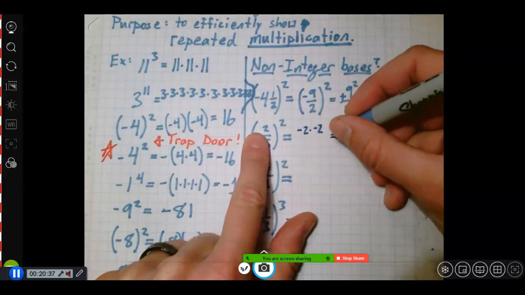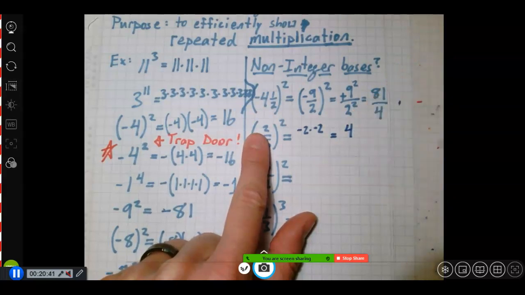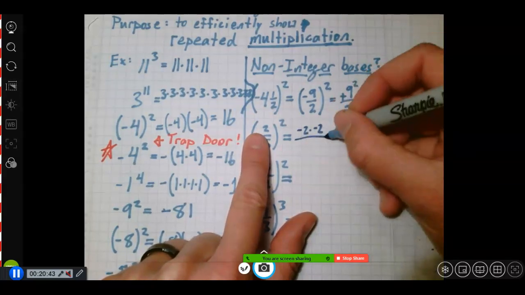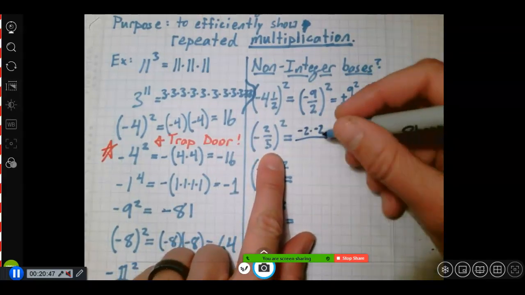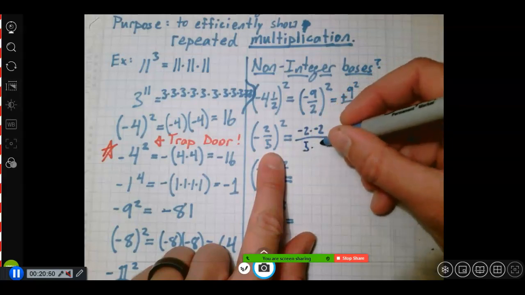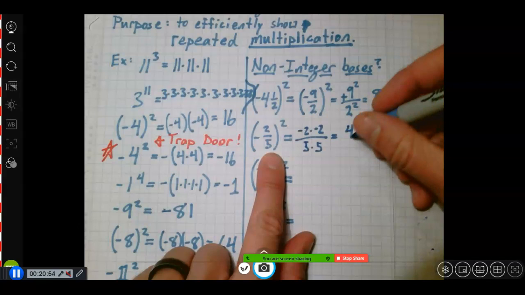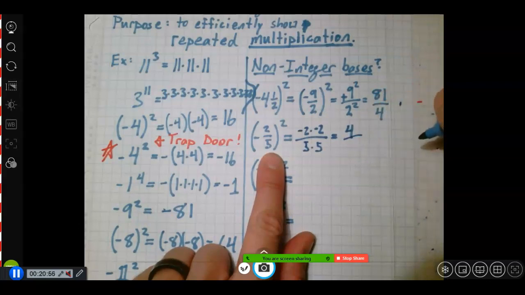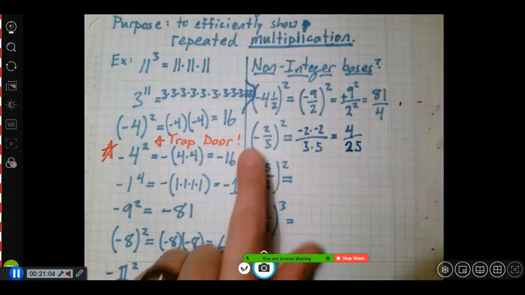What's -2 times -2? +4. So be careful with that. We'd get positive, actually. And then you fell in the trap with the 5. Everybody falls in this trap. It's 5 times 5. Not 5 plus 5. It's 5 times 5. What's that? Yeah, 25. So this would be 4 over 25.